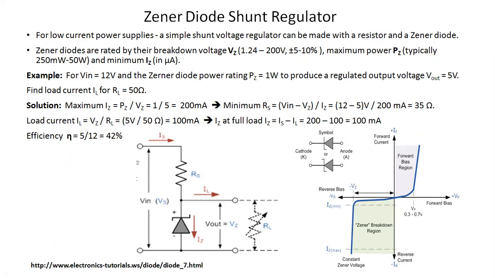Zener diodes are rated by their breakdown voltage, which can range from 1.24 volt to 200 volt, and their maximum power will be 250 milliwatt to 50 watt, and the minimum IZ current will be in the microampere range. So here you can see how the circuit diagram will look for the Zener diode voltage regulator.